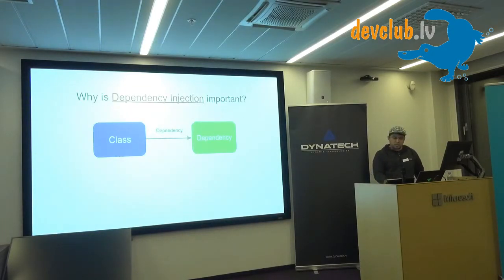But why is dependency injection so important? The reason it is important in software development especially is because of the dependency inversion principle of the SOLID design principles, which states that code should depend upon abstractions and not upon concretions.